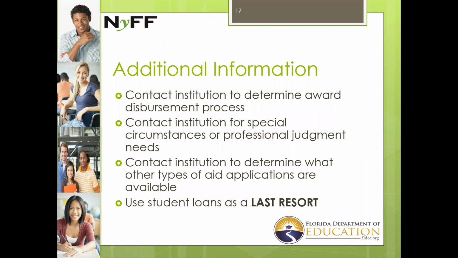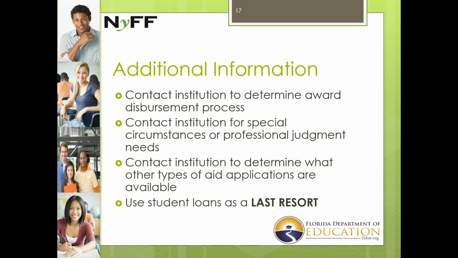Okay, additional information. So contact your institution to determine your award disbursement process. You're going to need to make sure that you understand that process. Contact the institution for special circumstances or professional judgment needs. Contact the institution to determine what other types of aid applications are available.